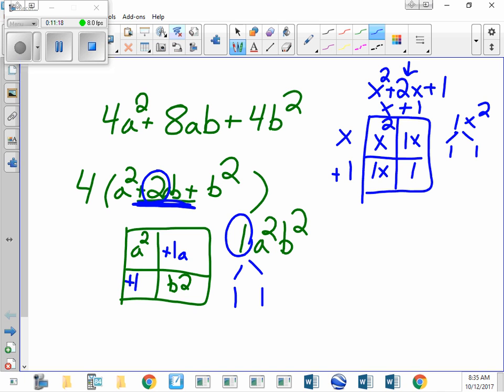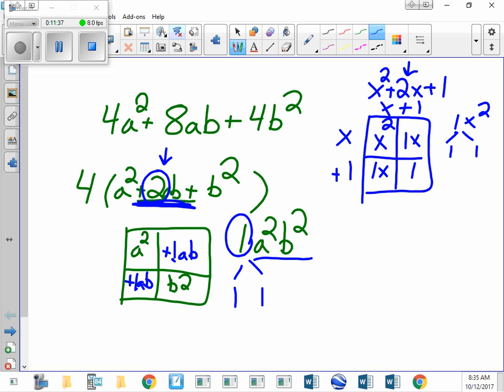So 1ab and 1ab. Now let's check. Is 1ab times 1ab equal to a squared b squared? Yes. Is 1ab plus 1ab equal to 2ab?